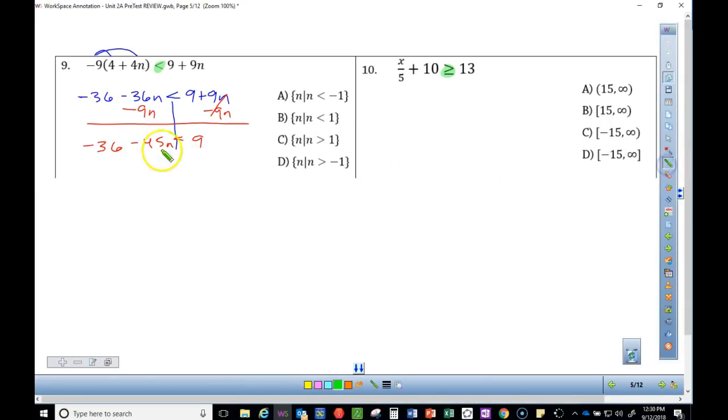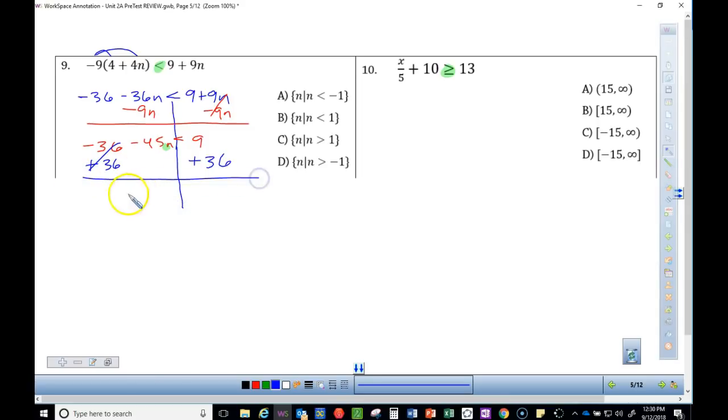Now my n is on one side, so I know what I have to get rid of next, which would be the negative 36. So I'll add 36 to both sides. Bringing my symbol down here, I have negative 45n is less than 9 plus 36, which is 45.